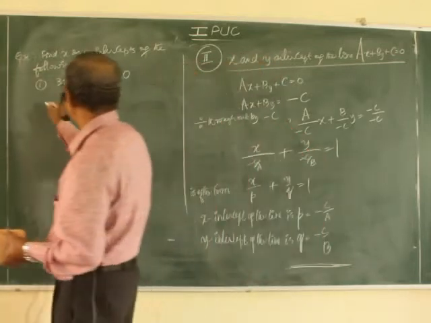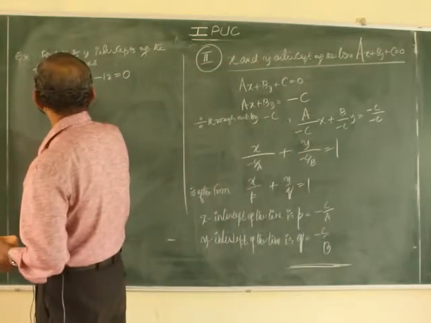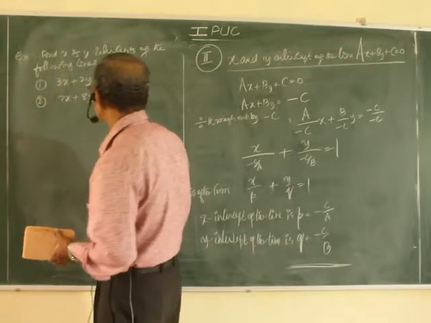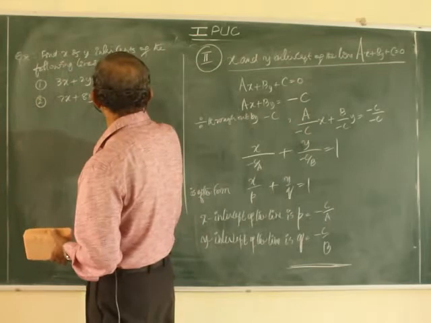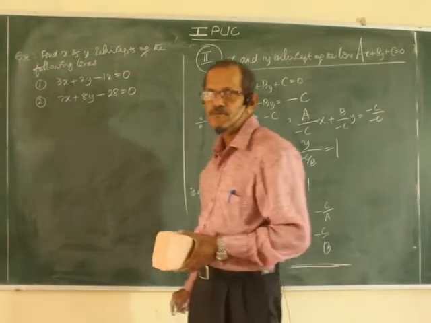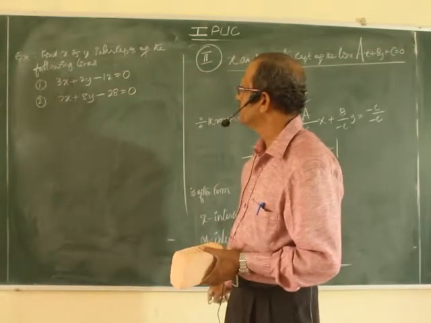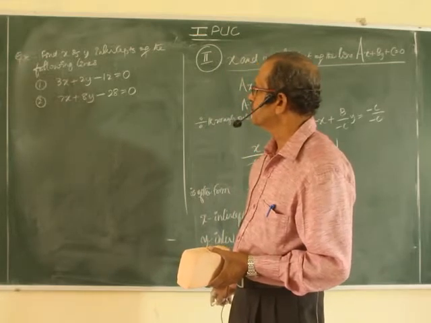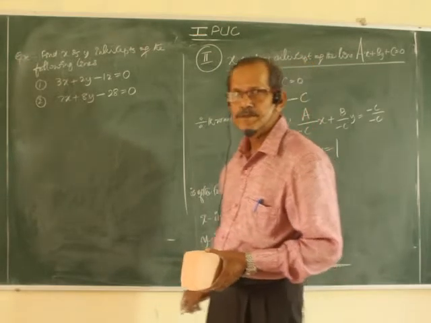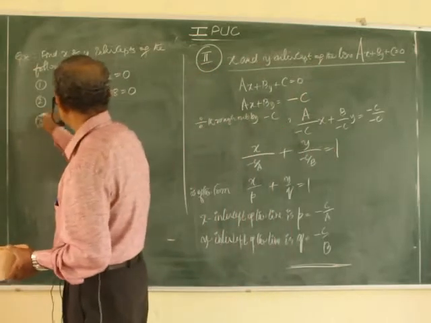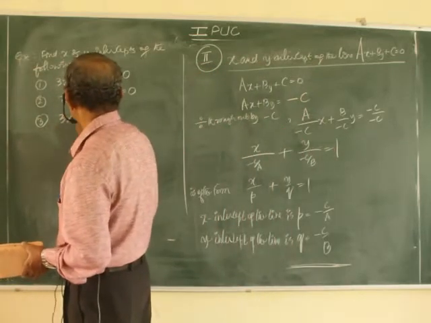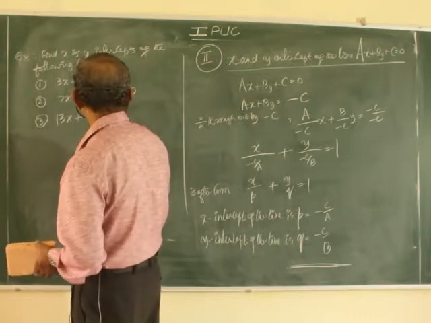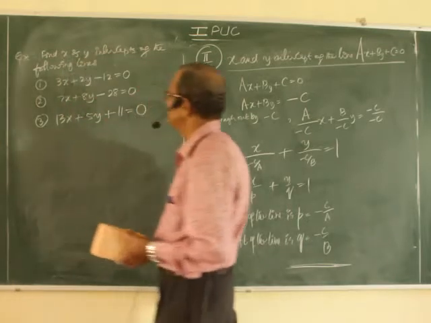Let me write some more problems now itself. 7x plus 8y minus 28 equal to 0. 13x plus 5y plus 11 equal to 0.